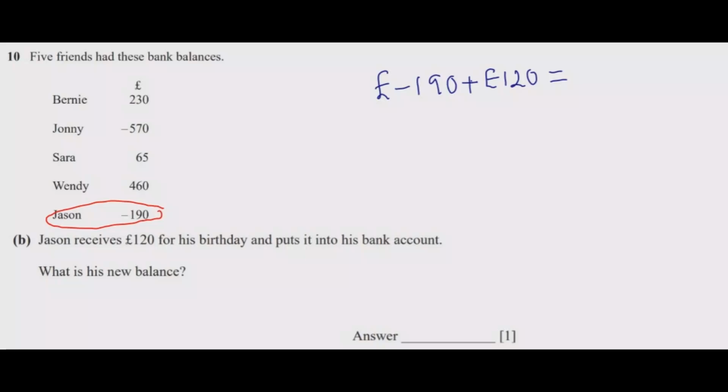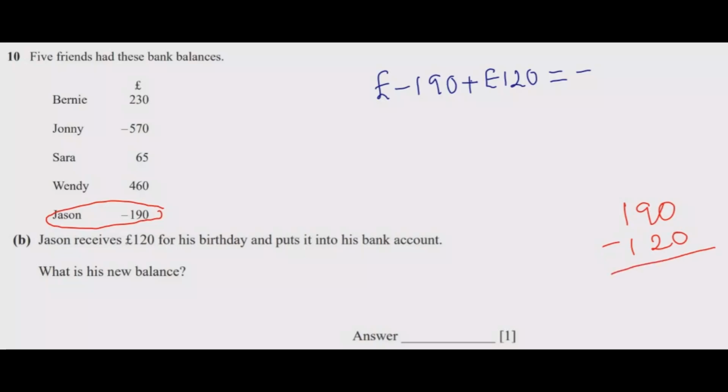So we know that our answer will be a negative. We can even write the negative sign in advance. Then the next thing we need to do is find the difference. So we can write down here 190 minus 120, like this.